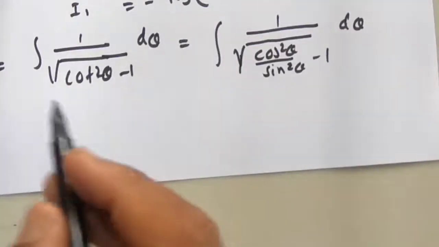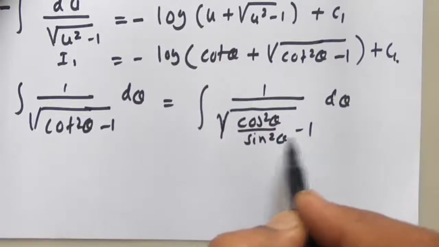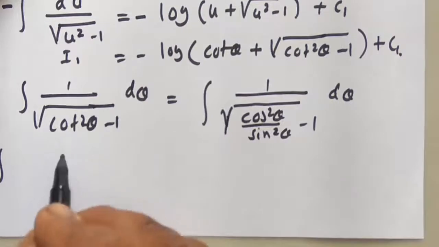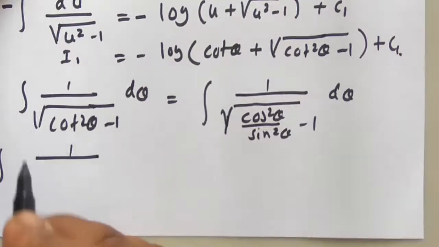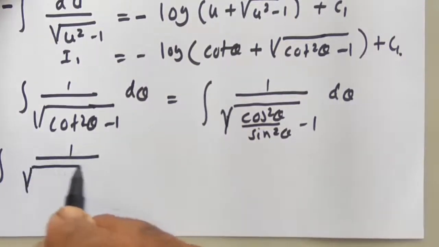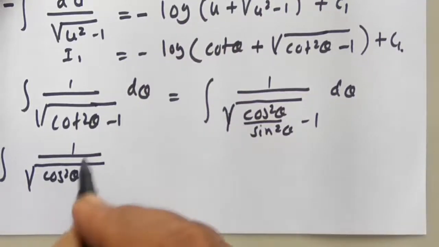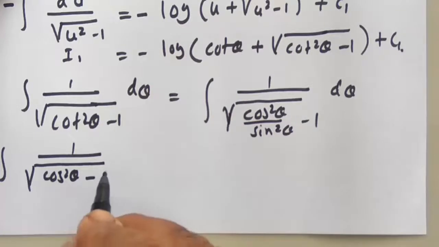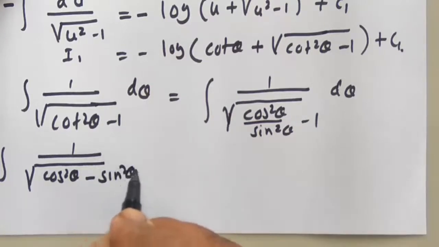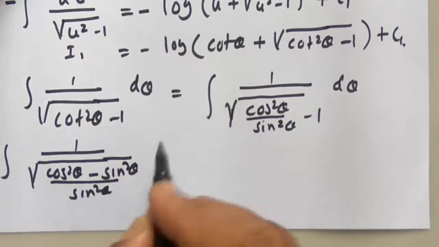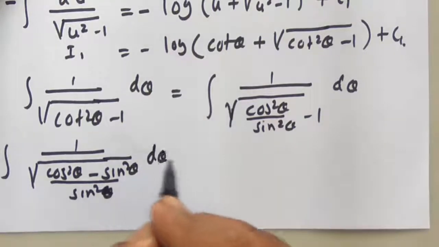Now the LCM is sin square theta, so it is equal to 1 upon under root of cos square theta minus sin square theta upon sin square theta d theta.